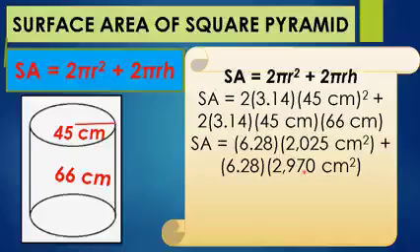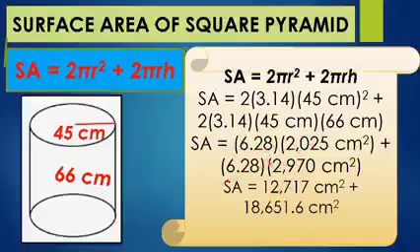Then kukunin ulit natin yung product ng 6.28 and 2025 and the product of 6.28 and 2,970. Okay, yung final process is addition. The products are as follows. We have 12,717 and we have 18,651.6.